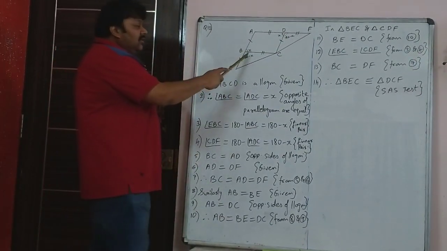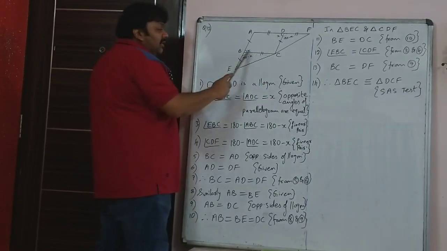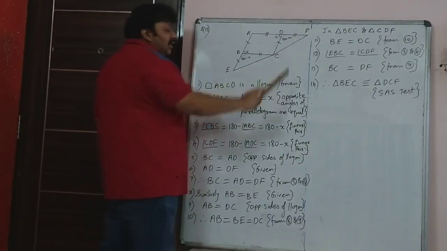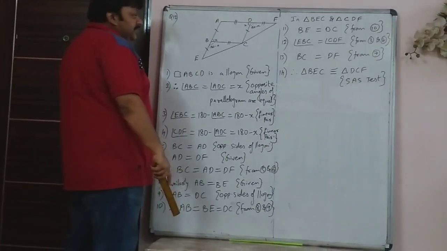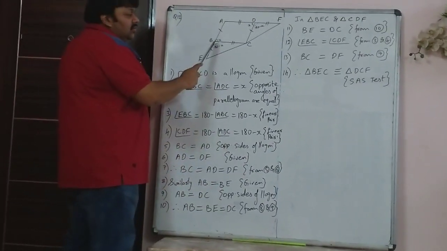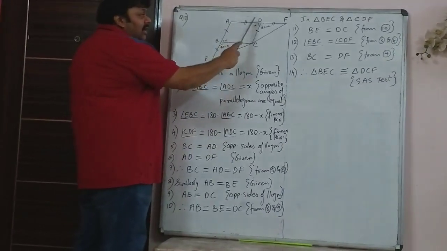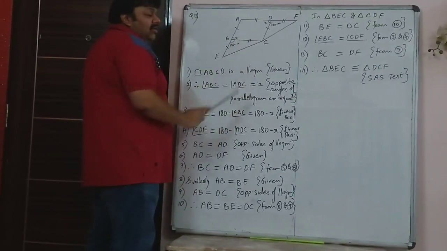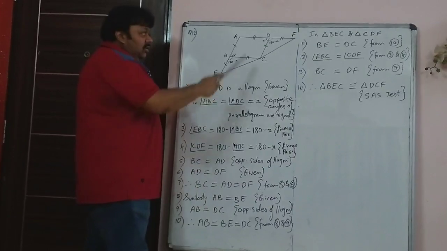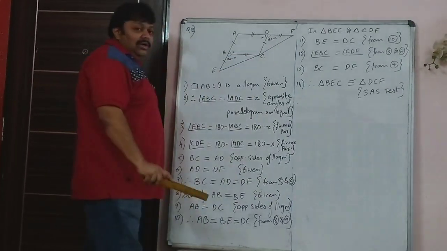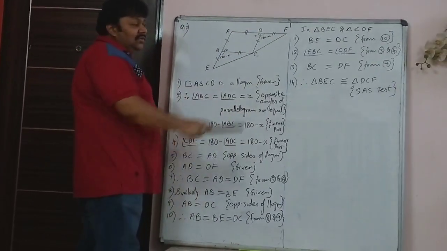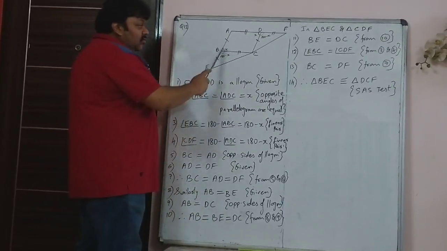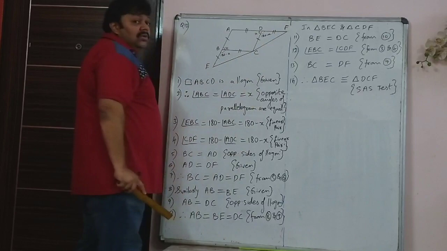So now you have these two angles, that is EBC and CDF, are both 180 minus x. Then you can also see that BC and AD are opposite sides of parallelogram, so they are equal, and AD is equal to DF. It's given that AD is produced to F such that AD is equal to DF, so you get BC is equal to DF.